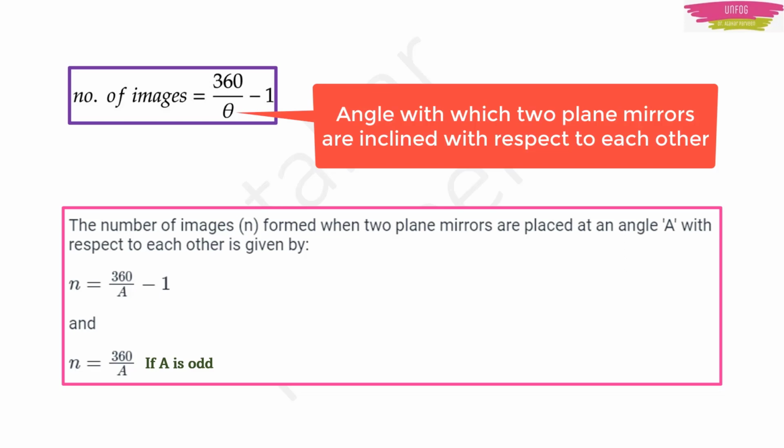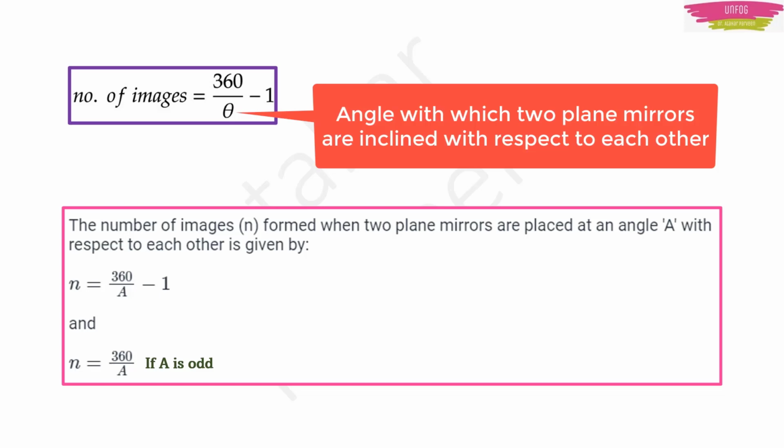Okay, these 2 conditions I told you. Means for even number you have to use the first formula, for odd number you have to use the second formula. But first formula is more important for us because there are 2 terms which you can find using this formula, right? If they ask you number of images, directly you substitute the value of the given angle theta or A and you find the number of images.